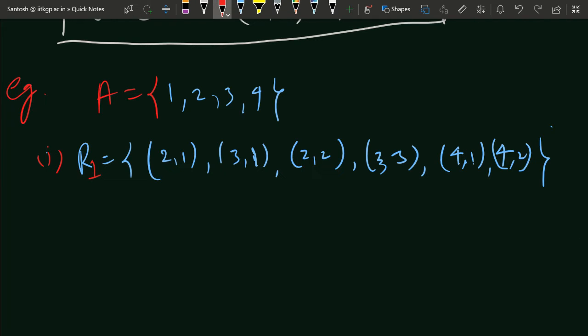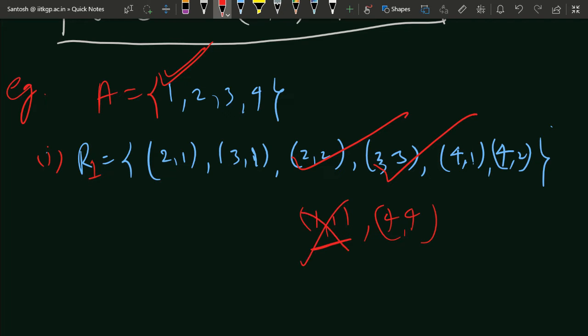So which ones do not have a relation with themselves? One and four. Four does not have and one does not have. Yes. So every element must be related with itself. Two is related to two, three is related to three, but there must be (1,1) and (4,4). One is not available, four is not available. That's why this relation is not reflexive.